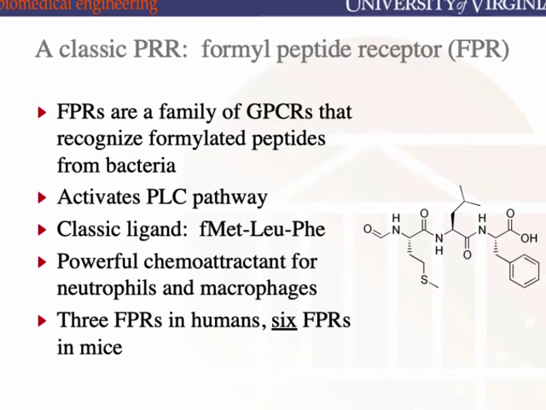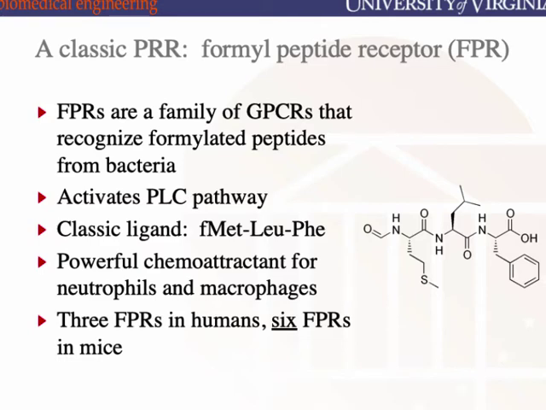I'll first talk about the classic PRR. And this is calling back. It's a really nice place to start because I can point to that really cool movie of a neutrophil chasing a bacteria in a dish. And this is the system that enables that to happen. So one of the classic PRRs is this protein known as formyl peptide receptor, or FPR. And FPRs are actually in the broader class of G-coupled receptors.